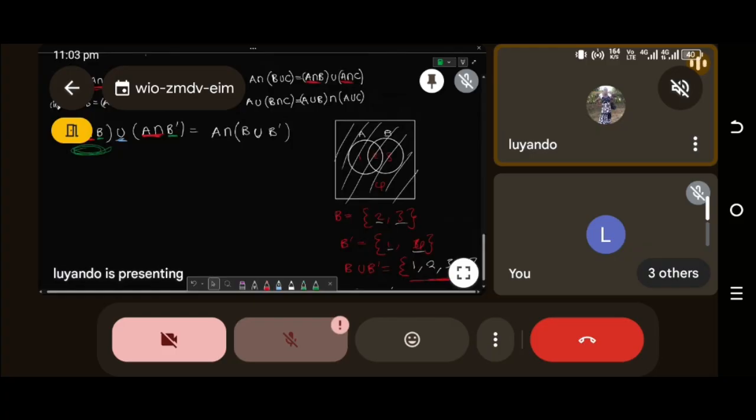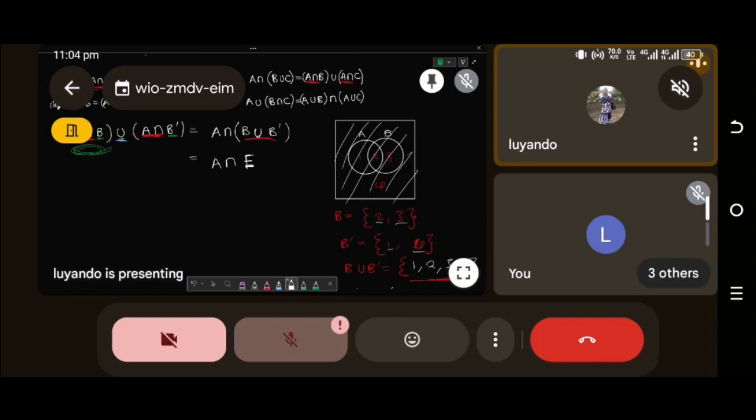So we can write this as A intersection, then here we will have our universal set, since we have replaced this with the universal set.